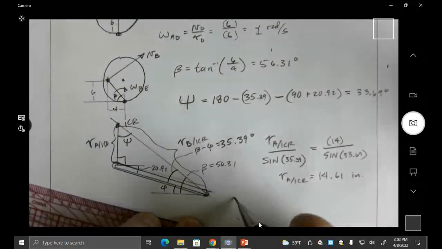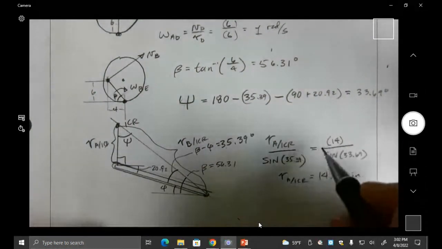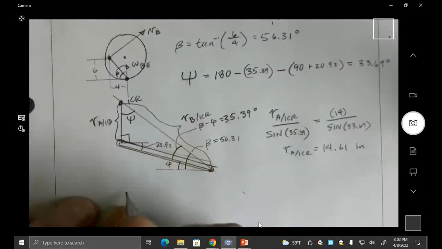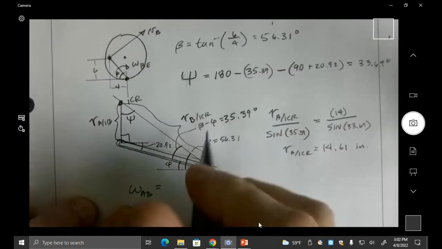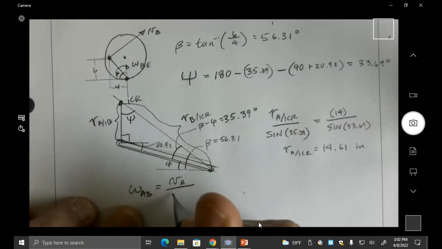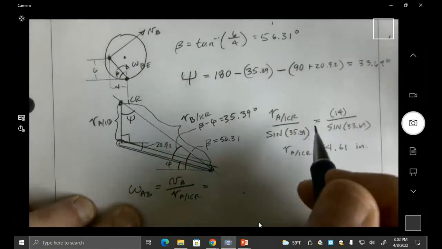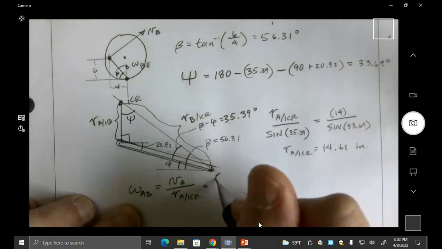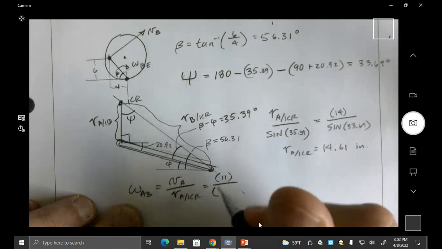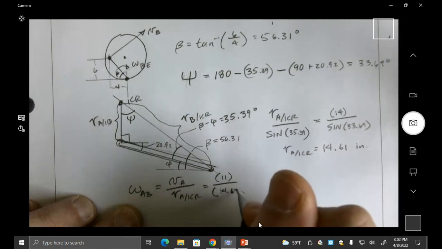Okay, so I might want to go and find the other one, but I'm really suspicious of my angles. So my omega AB should be equal to my velocity of A divided by RA with respect to ICR. And velocity of A was 14.61.